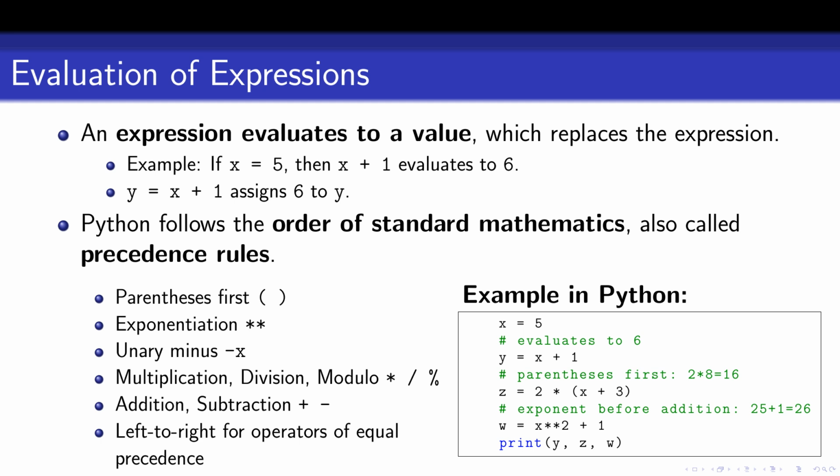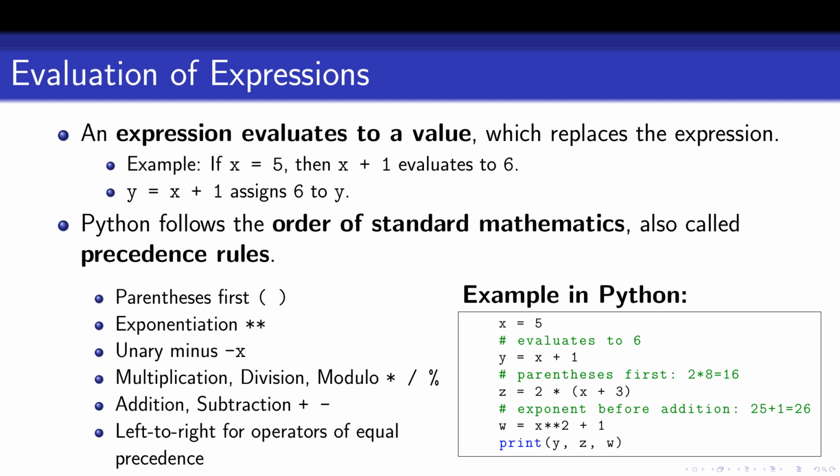Once you know how to write arithmetic expressions, it's important to understand how Python evaluates them. Every expression is reduced to a value, and Python follows a strict order of operations known as precedence rules. Just like in math, parentheses are evaluated first, followed by exponentiation, then unary minus, which represents negation. Multiplication, division, and modulo come next, followed by addition and subtraction.